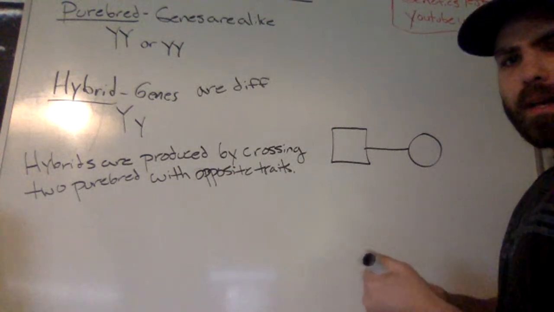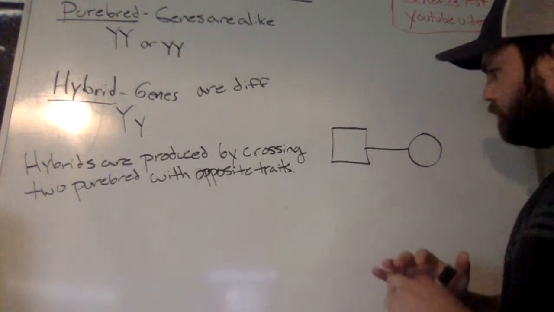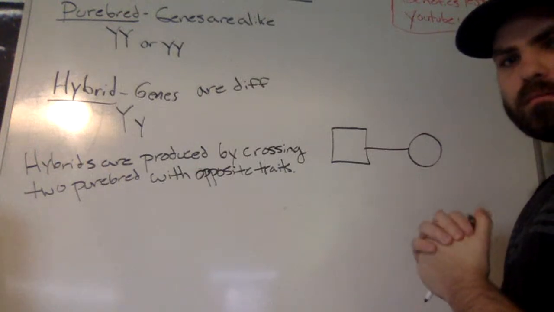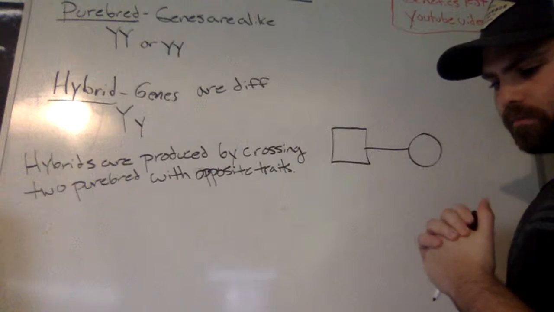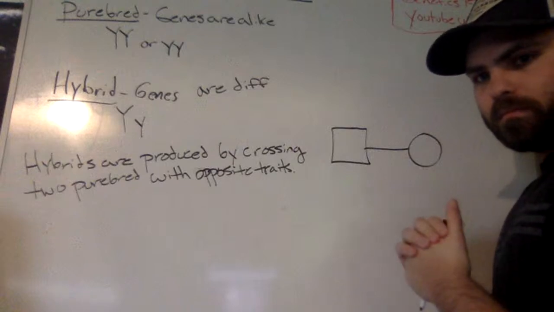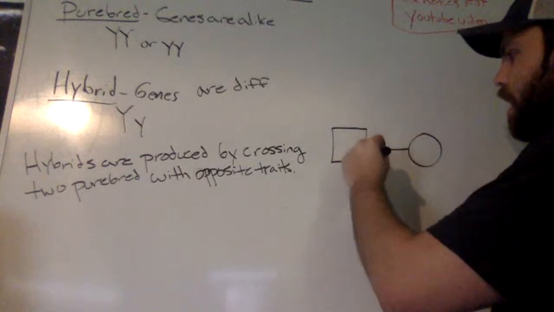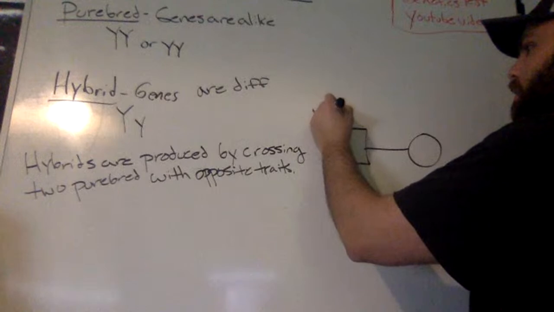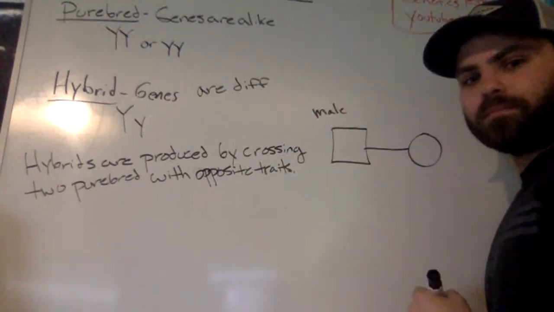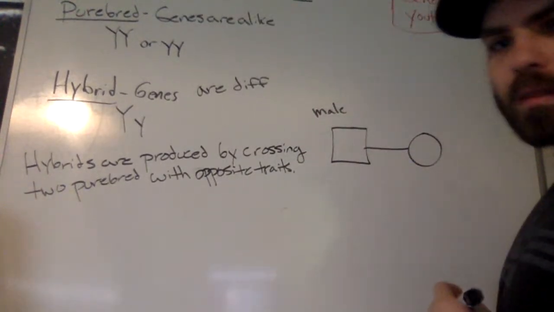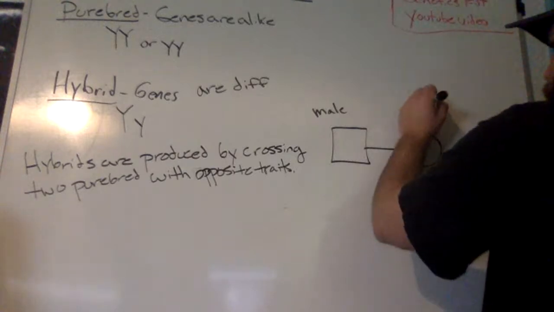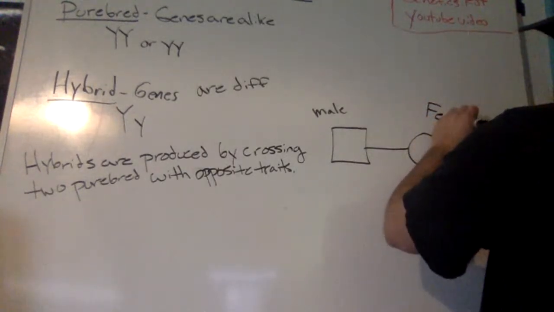So what do the squares mean again? Do you guys remember? All right, so if it's square, that means you're male, good, okay? And then what about the circle? It's going to be female, okay?